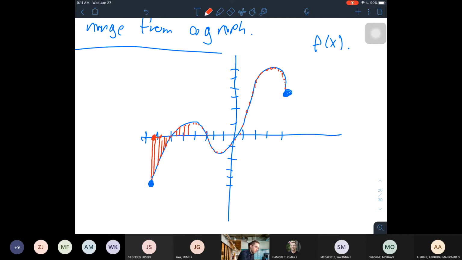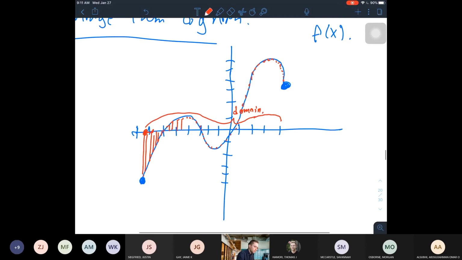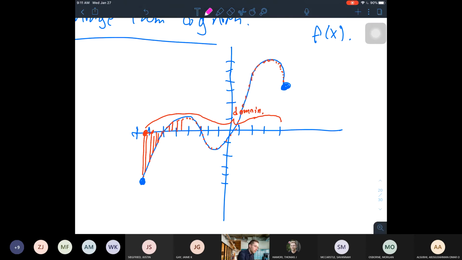So this is going to be our domain. And the range, likewise, is the set of values on the y-axis such that if I were to draw a horizontal line, I would hit my function at some point.